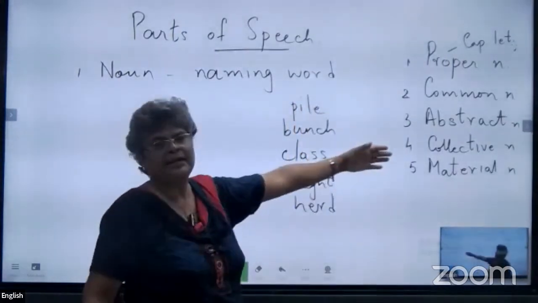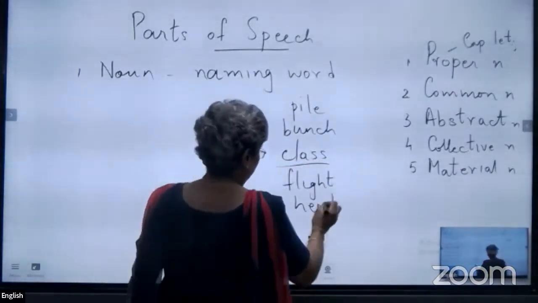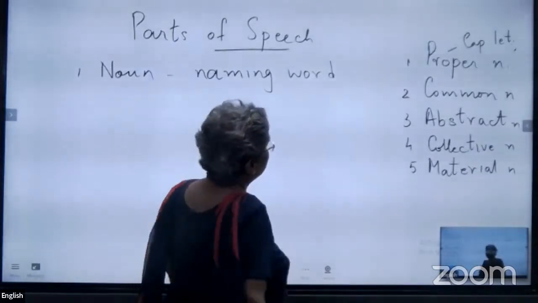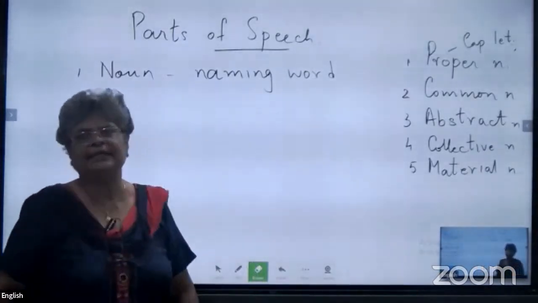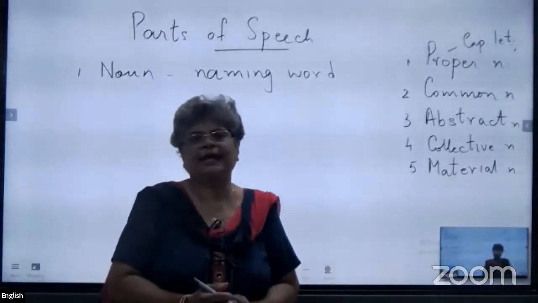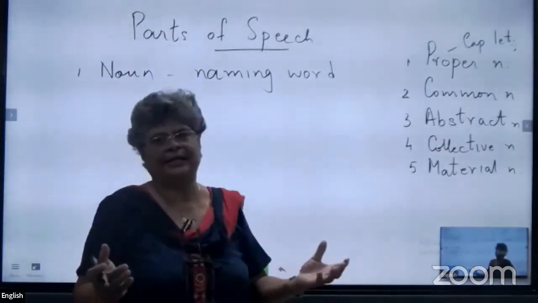All this come under collective noun. Now coming to material noun, like I said, this has come out very recently. It wasn't there earlier, but it basically is the material.